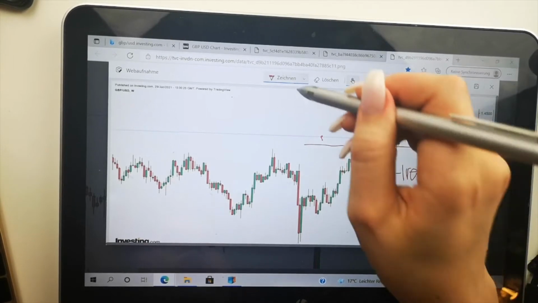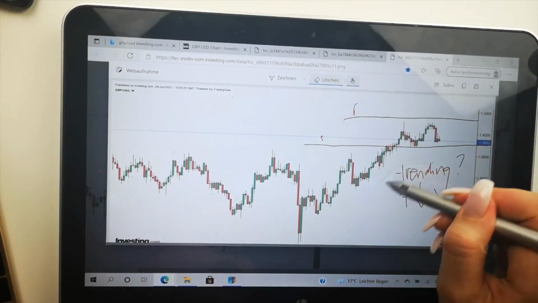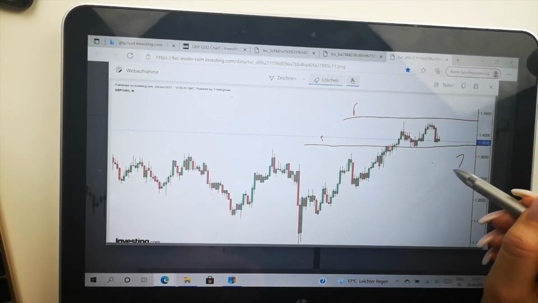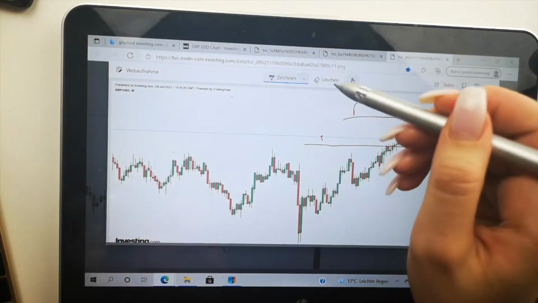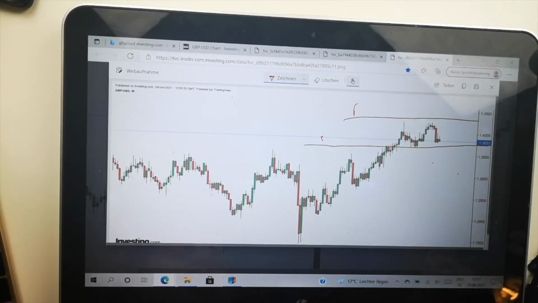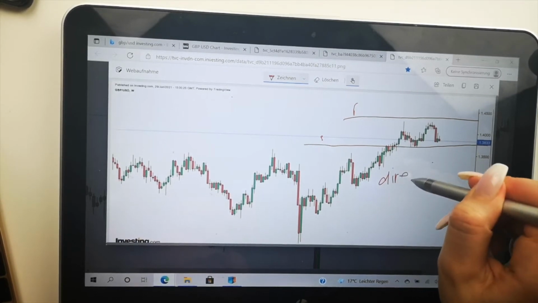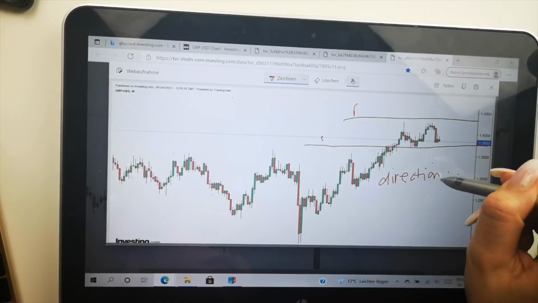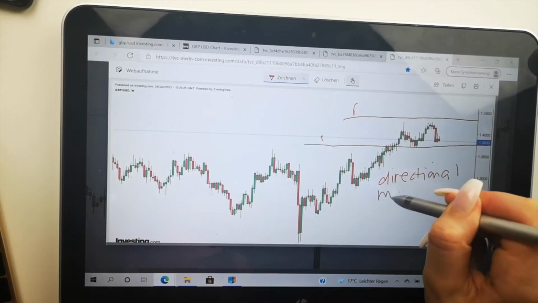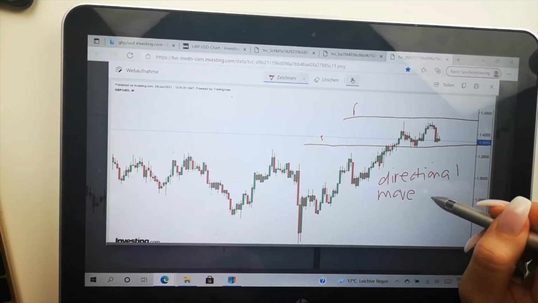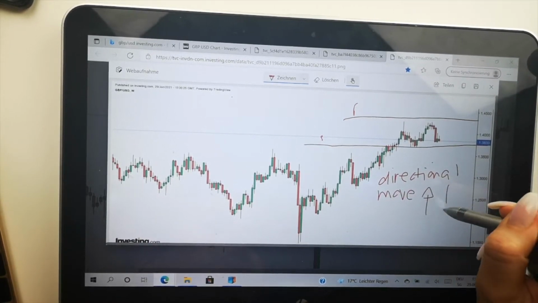Now, after having clarified this, when I know that we've got a ranging market, what I usually do is I basically wait for a directional move. What does that mean? I wait for the market to go up or to go down.